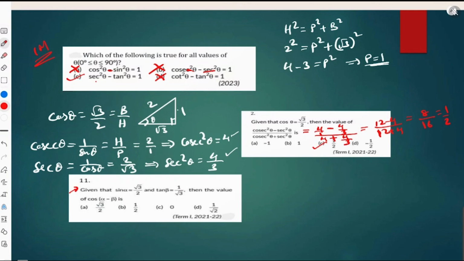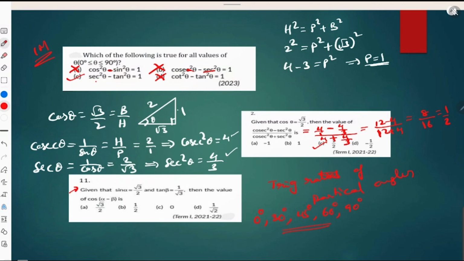That is particular angles. What are the trigonometric ratios of particular angles? There are some angles like 0 degrees, 30 degrees, 45 degrees, 60 degrees, 90 degrees. Those values, trigonometric ratios of these angles, we have to remember.